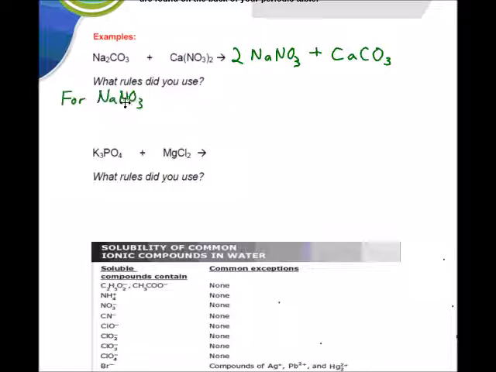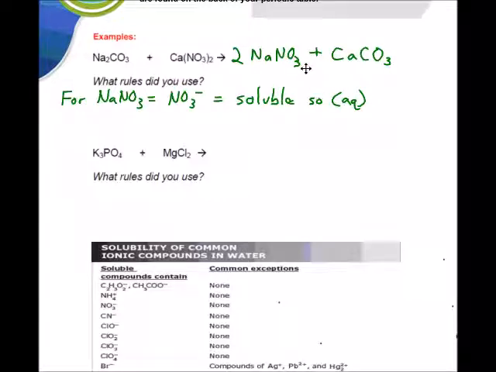NO3 is going to be my first one. For sodium nitrate, I'm going to look at the nitrate. So nitrate, down here, soluble compounds with nitrate. Nitrate, always soluble, no exceptions. So I can automatically say nitrate is going to be aqueous.